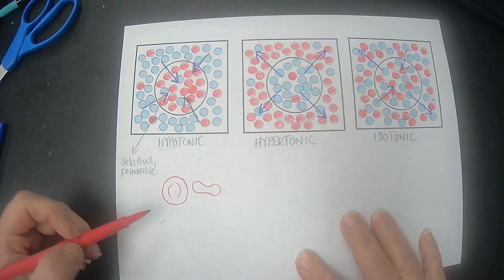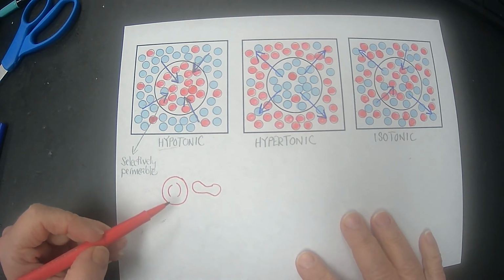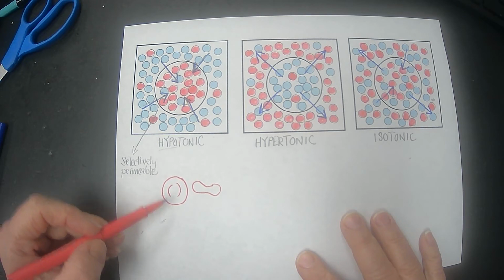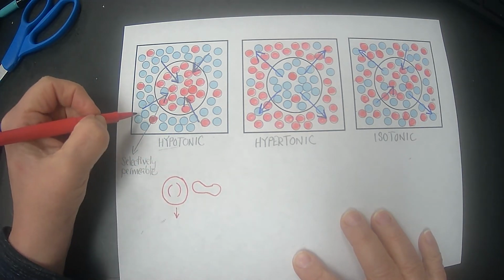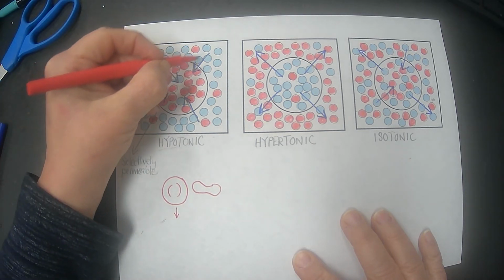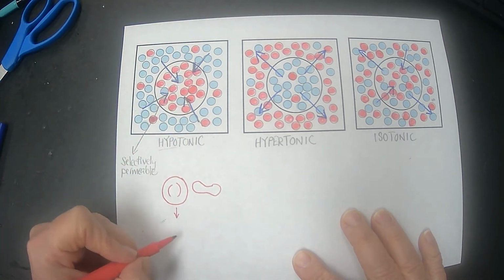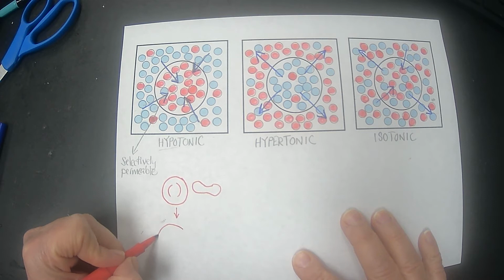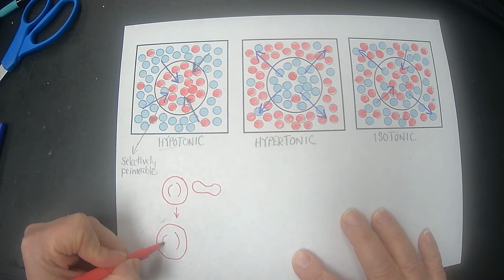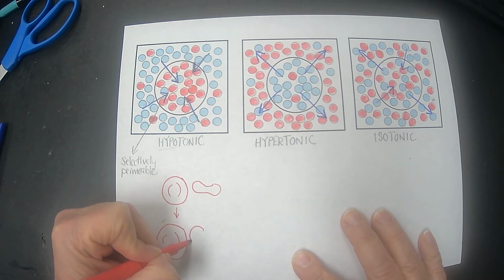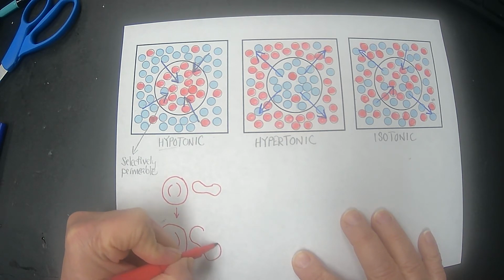All right. If you put a blood cell in a hypotonic solution, remember, water's going to move into the cell. What that blood cell is going to do is it's going to get bigger and bigger, and it will look like this.